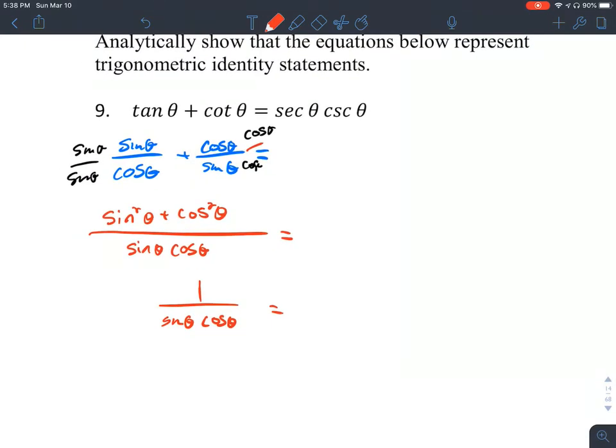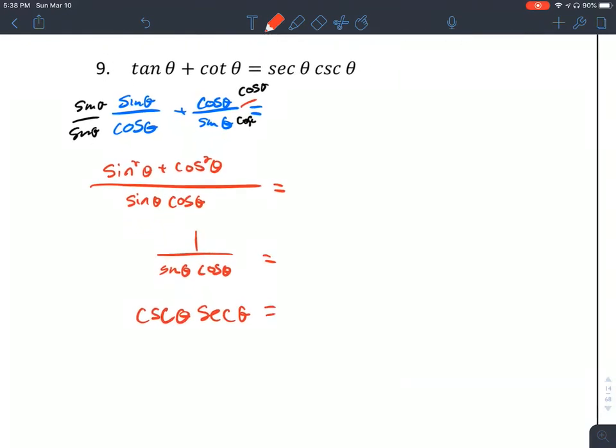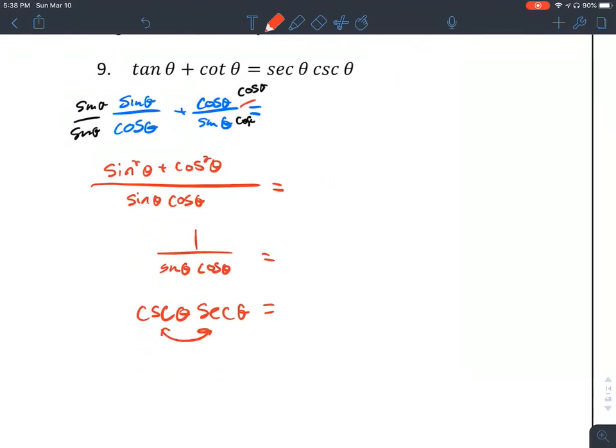Well, what's the reciprocal of sine? Cosecant. What's the reciprocal of cosine? Secant. Almost the same. Can reverse their orders. That's the commutative property. And we get secant of theta times cosecant of theta, which is what the right side was all along.